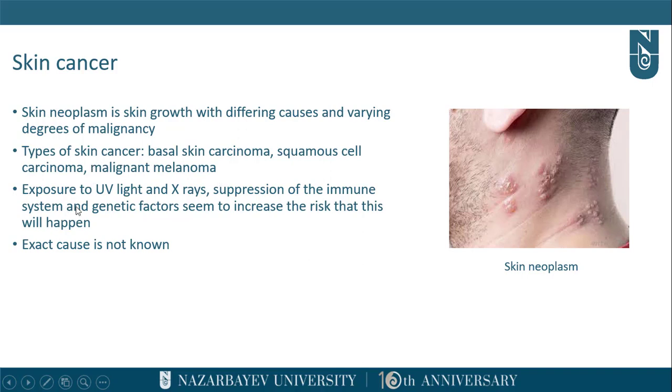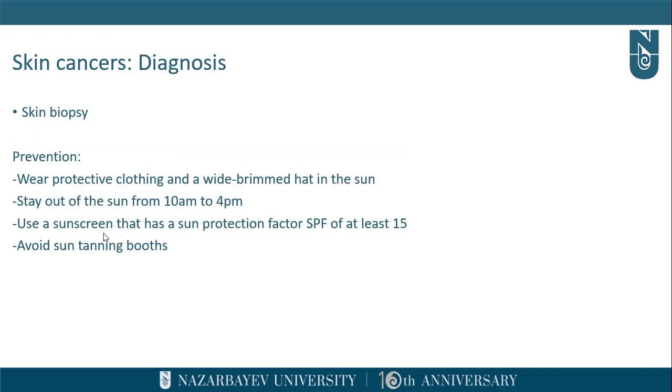The main reasons are exposure to UV light and X-rays, so multiple, prolonged exposures could provoke the development of skin cancer, and also general suppression of the immune system, and genetic factors would provoke the risk for this. So basically the cause is not known.